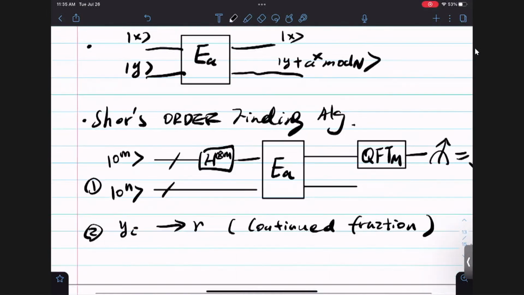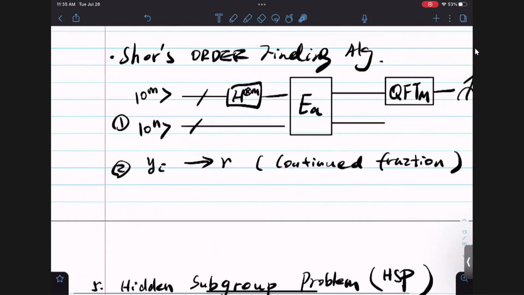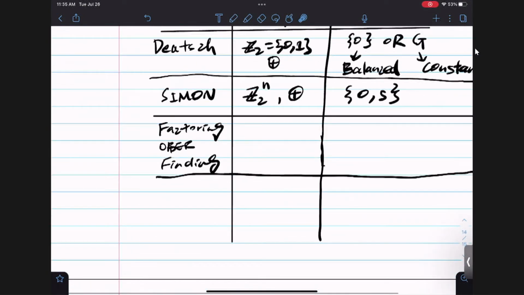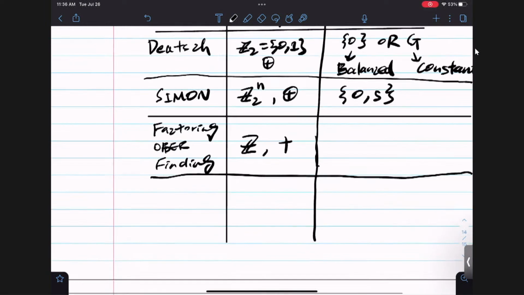Let me show you the function we've worked with before. Look at here. So the underlying group is actually Z, the integers, and we are using just regular addition as the group operation.